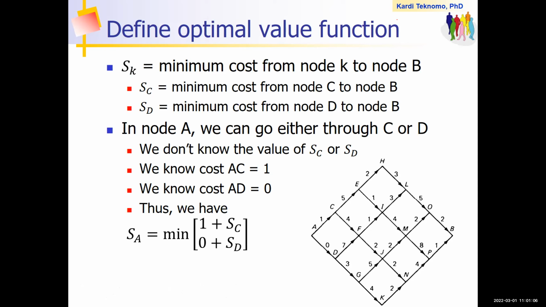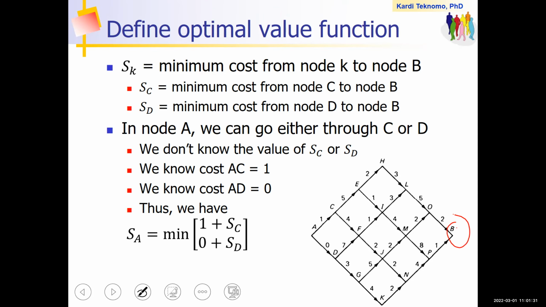So first we will define what is called the optimal value function. Okay, so let's call this SK. So what is SK? SK is the minimum cost, okay, from node K to the goal node, which is node B. Okay, node B is the goal node.